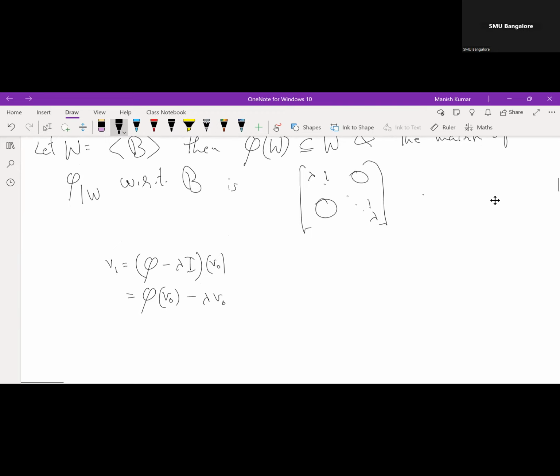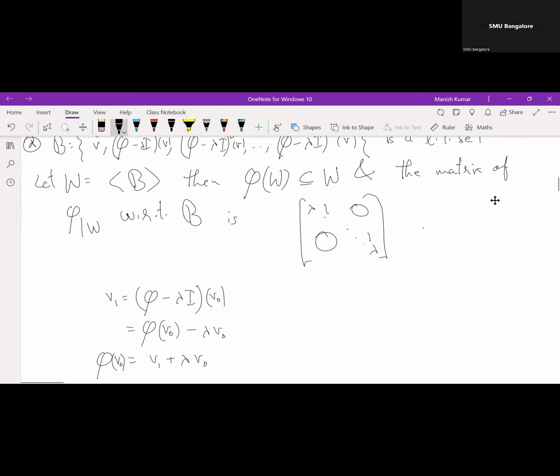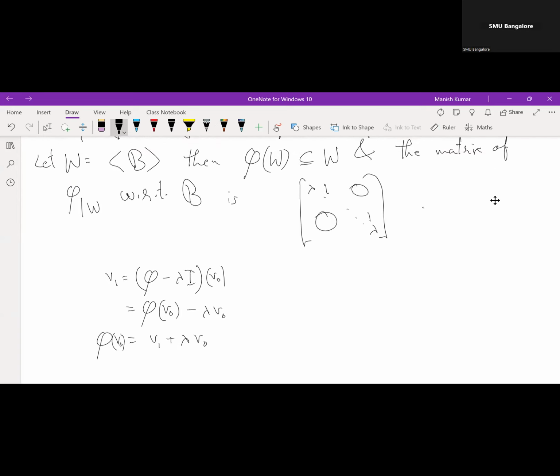So from this equation, we get that phi V0 is V1 plus lambda V0.